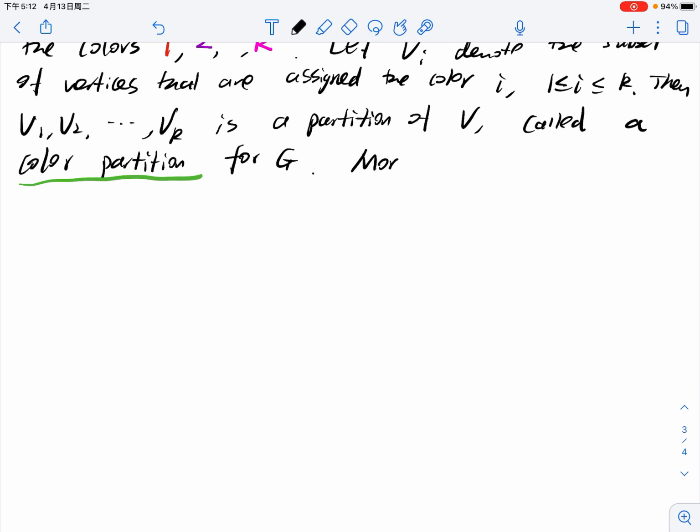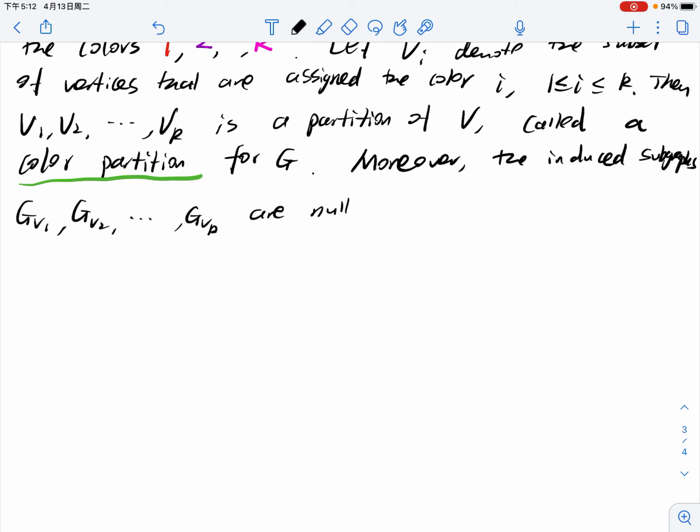And the color partition is not arbitrary because the induced subgraphs G[V1], G[V2] all the way to G[Vk] are null graphs. And this procedure can be reversed.